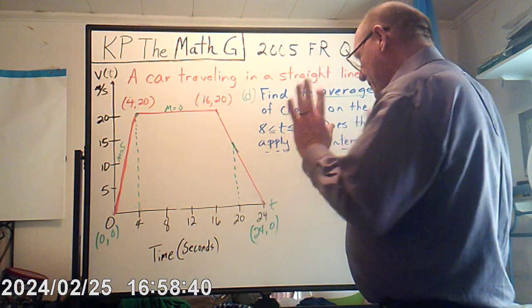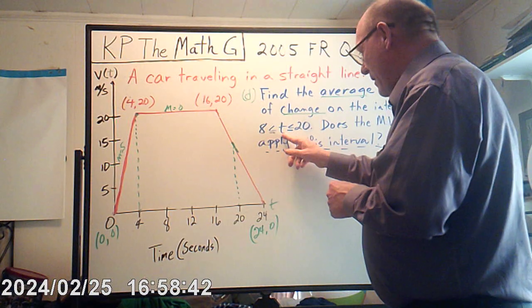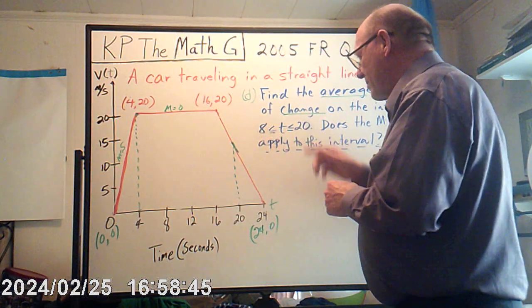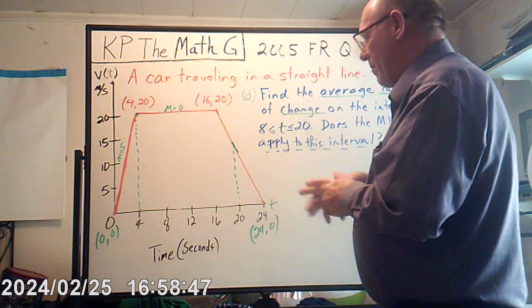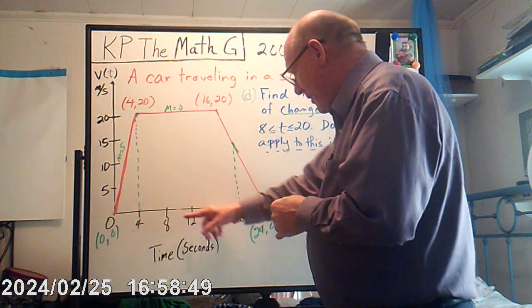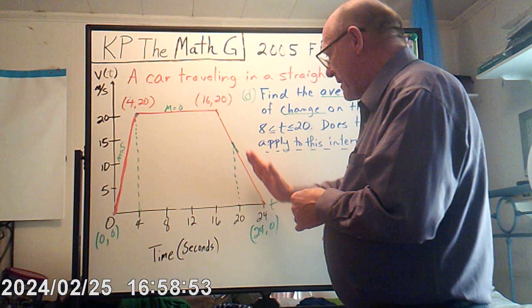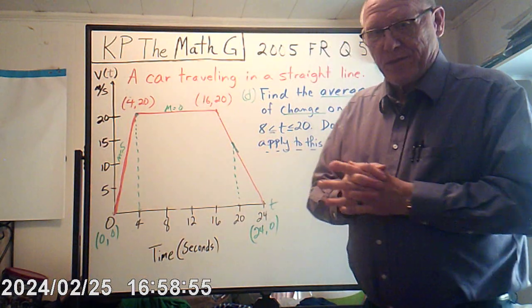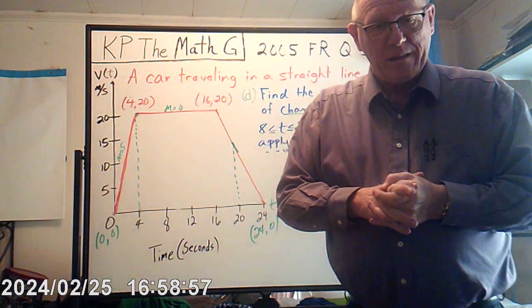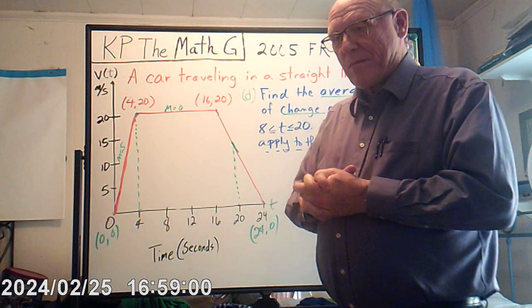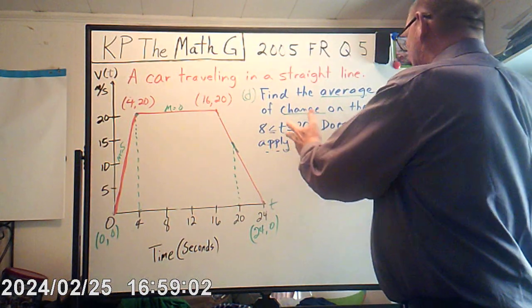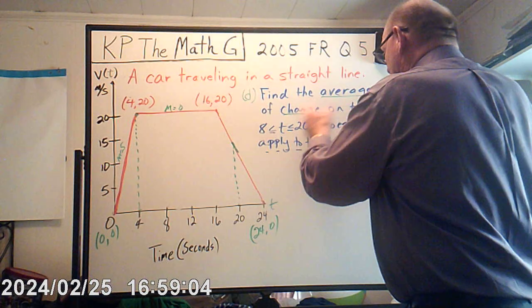Now look at this very carefully. t is between 8 and 20, so what we're looking at, 8 has a slope and 20 has a different slope. Keep that in mind, although we still can find the average rate of change.